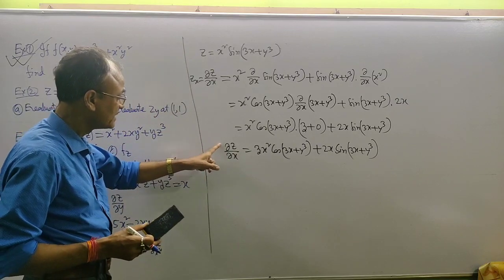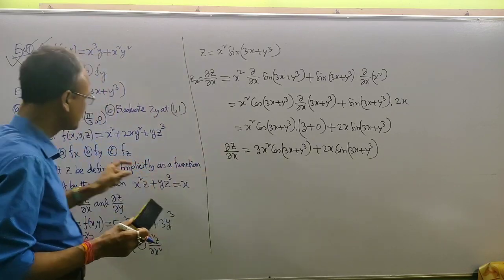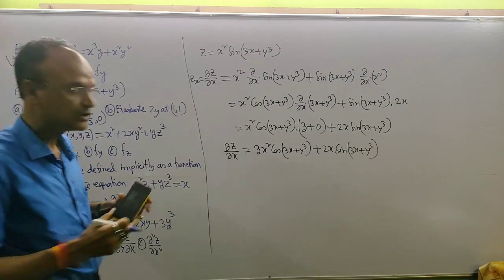Now you have to find del z by del x at the point pi by 3, 0.